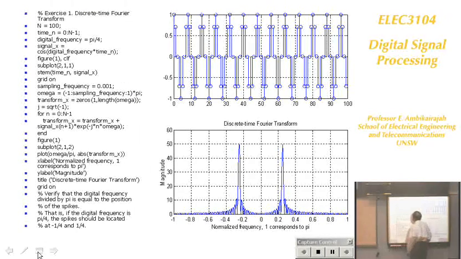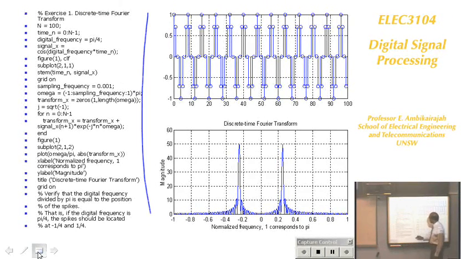I just implemented the same thing using MATLAB, how to generate the same signal and how to get the discrete time Fourier transform. There are many ways of doing it, and you may have a look at this one and see how I have implemented it. But I won't go through it because you're doing it in the lab anyway, so you can understand the MATLAB code.